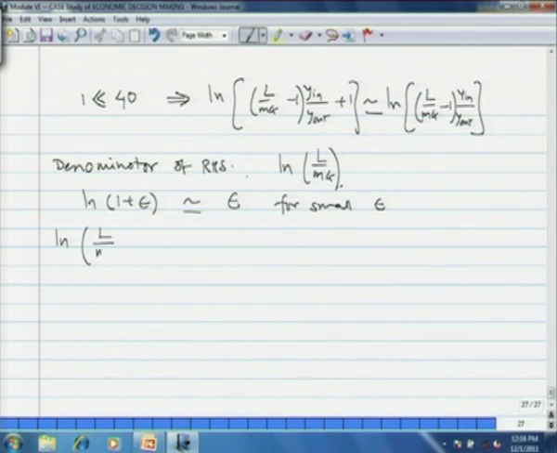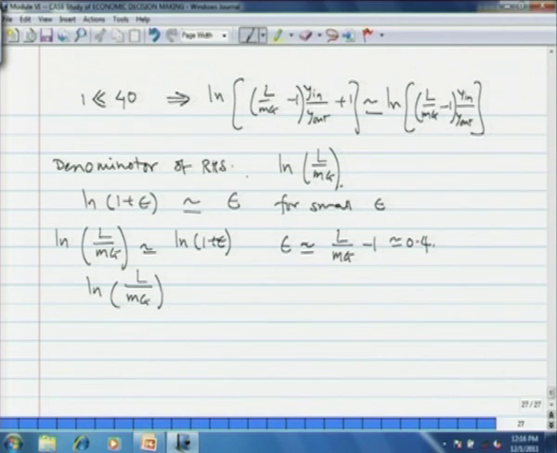an equivalent as ln L by mg equal to ln 1 plus epsilon, where epsilon is equal to L by mg minus 1, which is equal to 0.4, and then ln L by mg is approximately equal to 0.4.